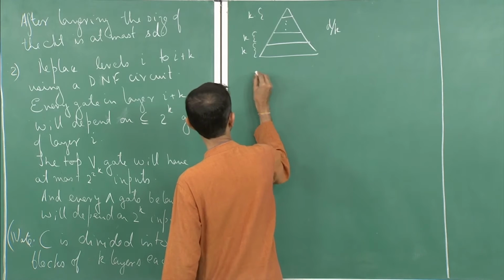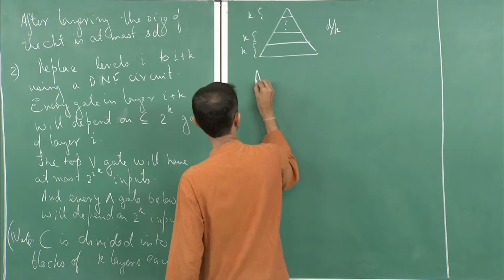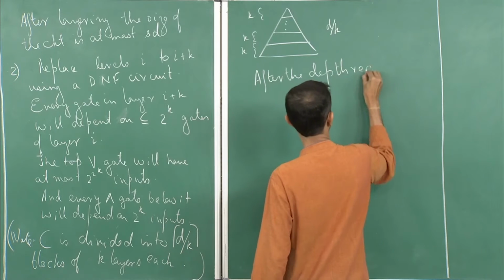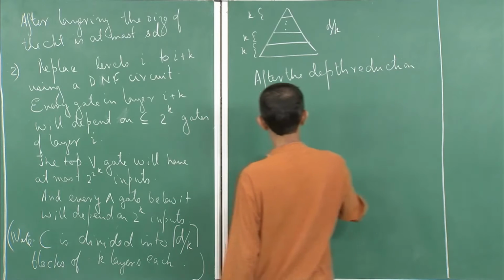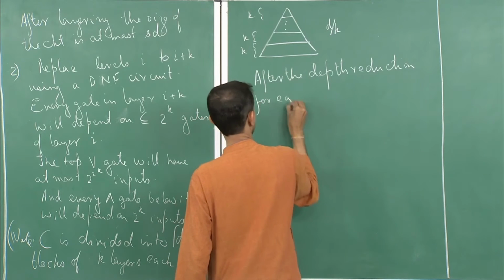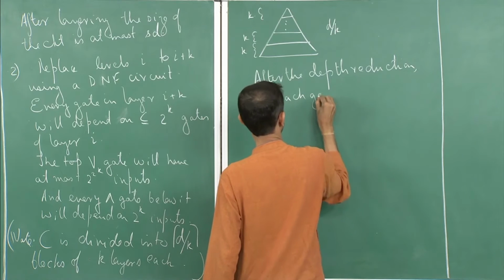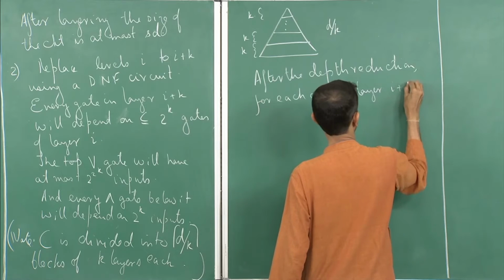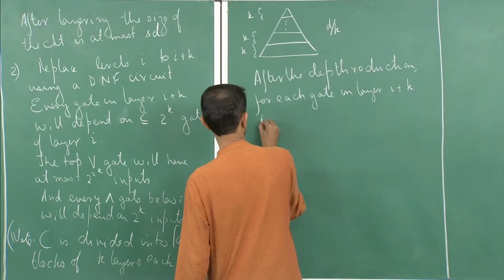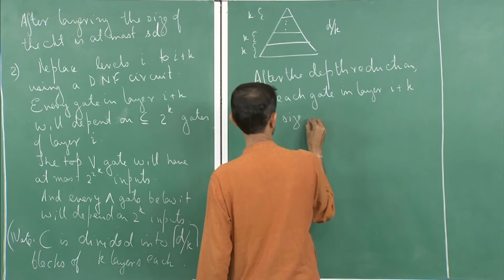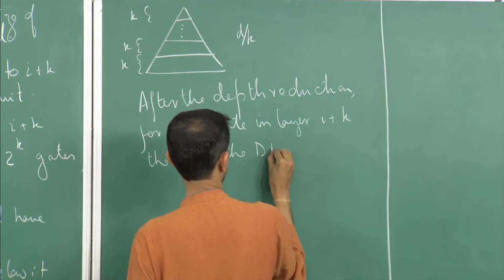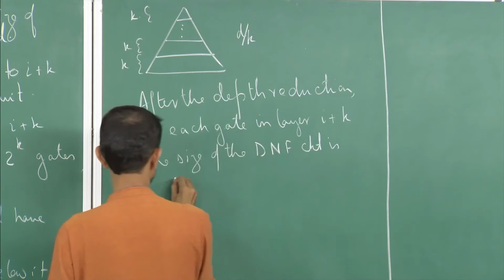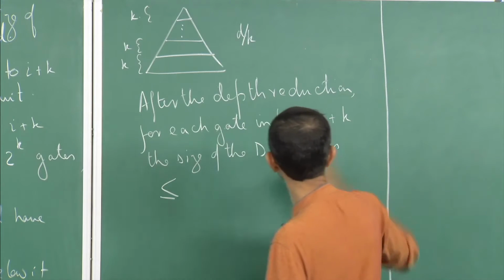So, after the depth reduction, for each gate in layer I plus k, the size of the DNF circuit is at most... So, what does the size of the DNF circuit look like?